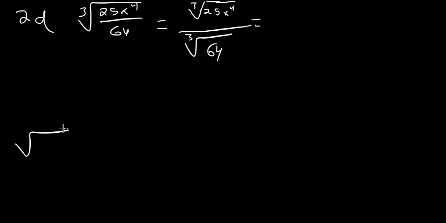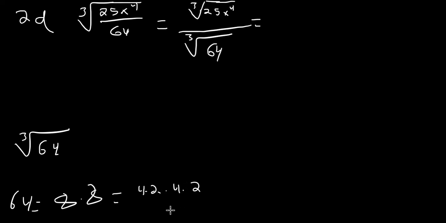Now, let's focus on the cube root of 64. 64 is equal to 8 times 8, which is furthermore equal to 4 times 2 times 4 times 2. Let's just keep breaking that down. Well, let's notice that 2 times 2 is 4, so this is 4 times 4 times 4. So the cube root of 64 is equal to 4, based on that.